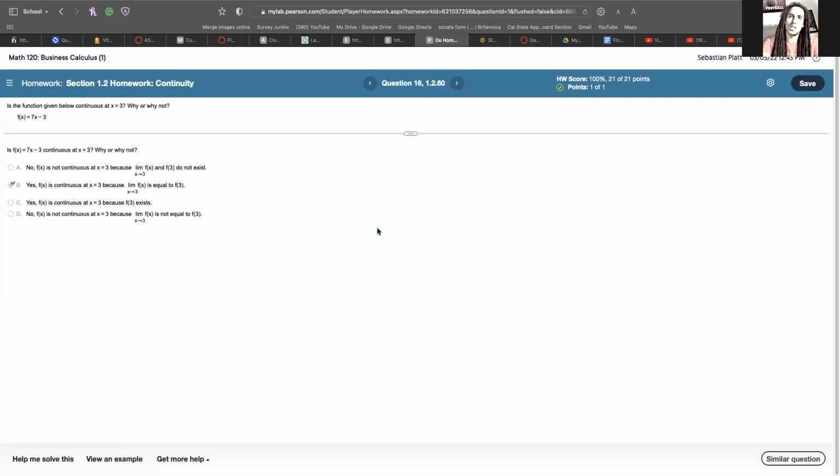And so for that reason, the answer is yes. f of x is continuous at x equals 3 because the limit as x approaches 3 of f of x is equal to f of 3. That's why it exists.